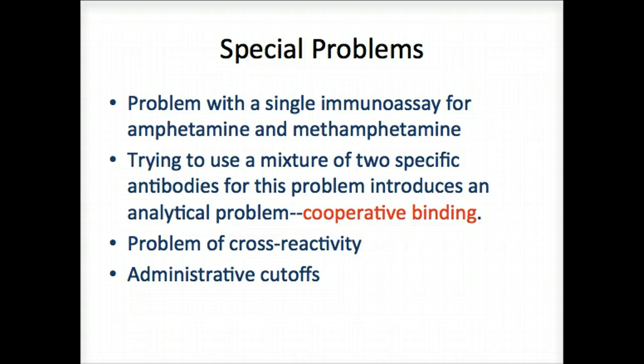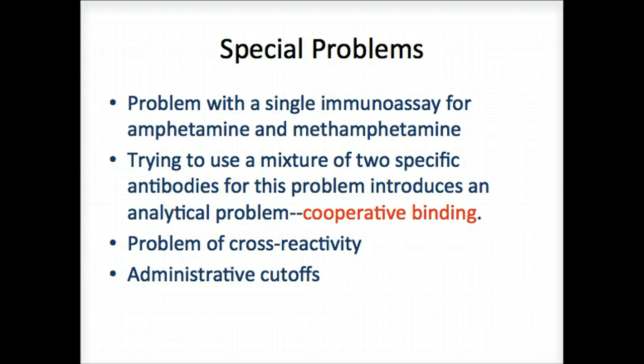A second problem, and another special problem of immunoassays, involves cross-reactivity studies. Although interfering substances have been identified, the metabolites of the interfering substances have not been studied, and they often also cause cross-reactivity. There are cutoff problems also. Administrative cutoffs for assays present a special problem.